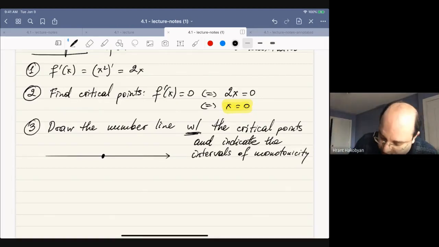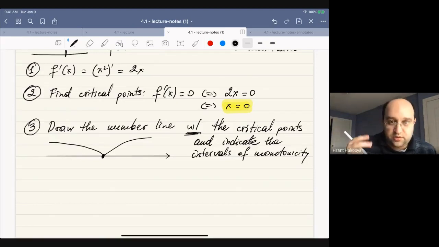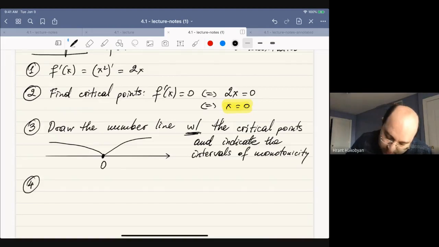So there are two intervals, this one here and this one here. One is from negative infinity to 0. The other one is from 0 to plus infinity. Step 4: pick points from each interval.